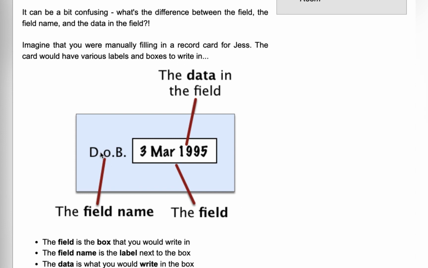The title in front of where you are typing in is the field name. And what you enter into that space is the data. The space or the line where you have to type in is the field, and what you type in it is the data. The name is that in front of you.